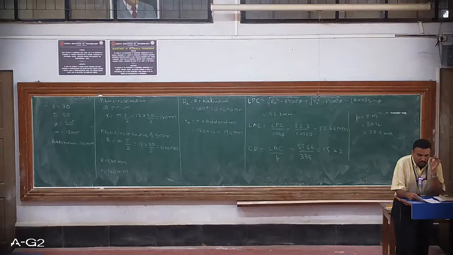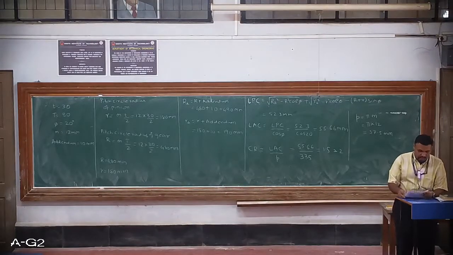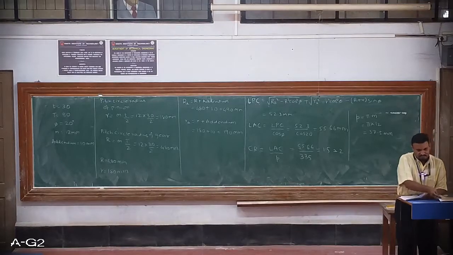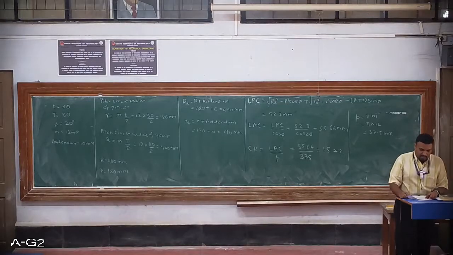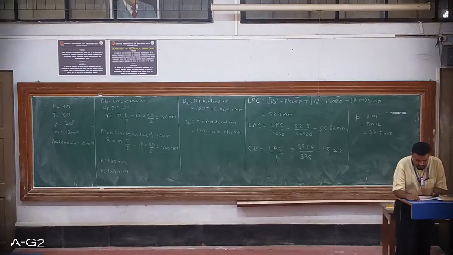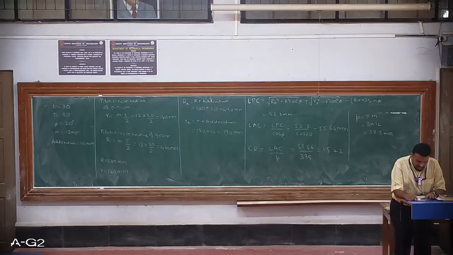Now we need to determine the length of path of contact. You determine it using these equations. Once you get the length of path of contact, we need to calculate the length of arc of contact.